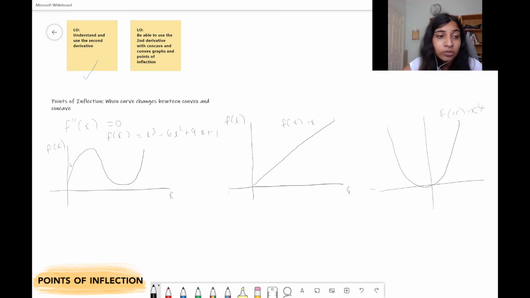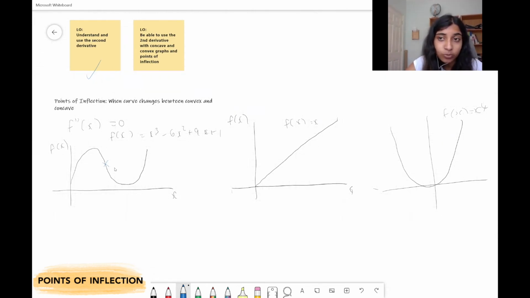For example, if we have this graph, f(x) equals x cubed minus 6x squared plus 9x plus 1, our inflection point would be a point over here, because as we go from there, here our graph is concave, but as we move down here, our graph becomes convex. So that's why this is a point of inflection.